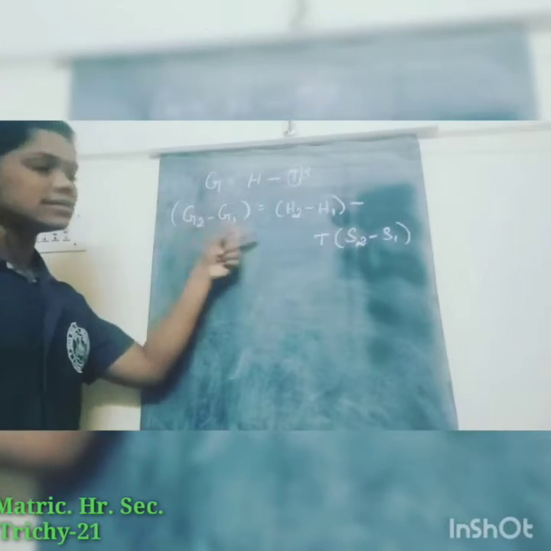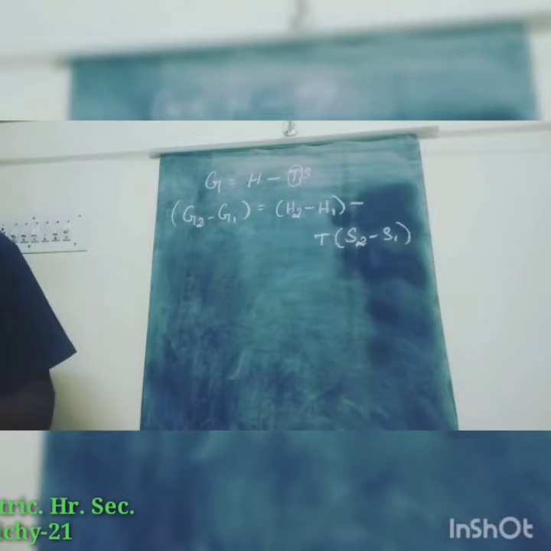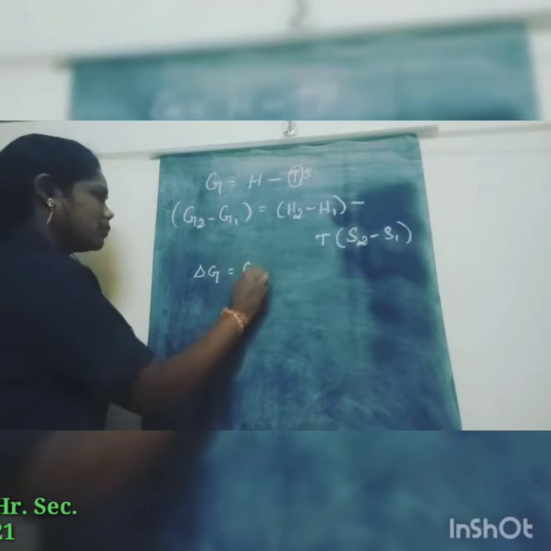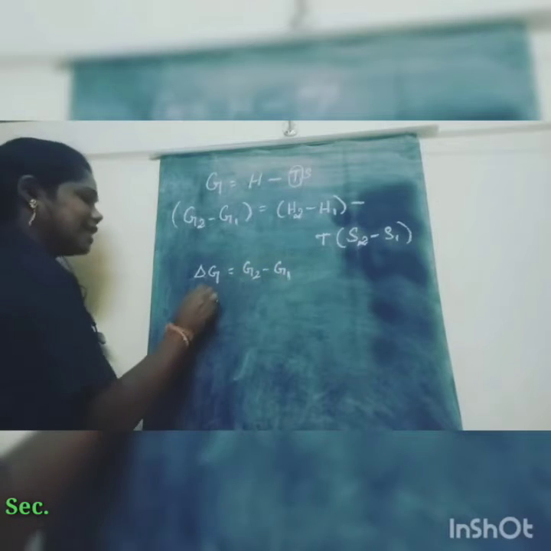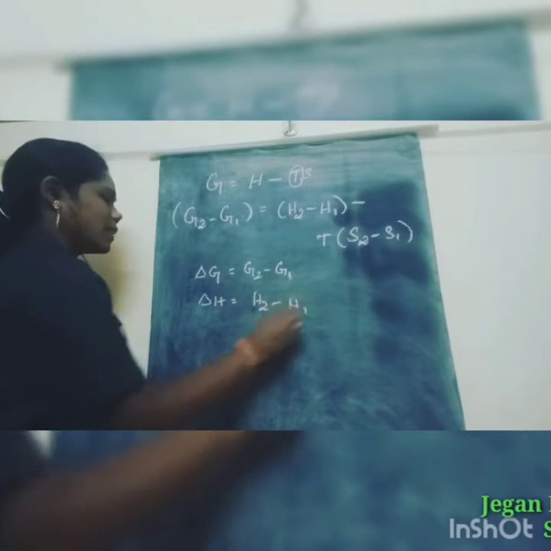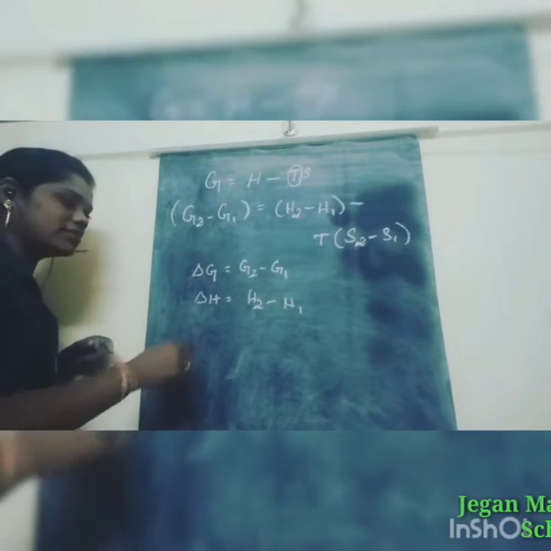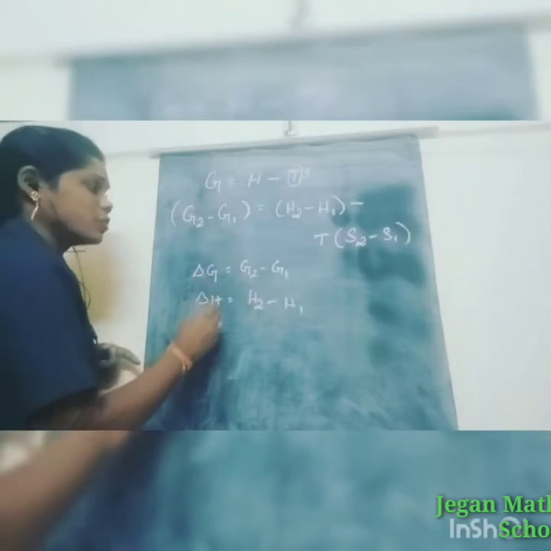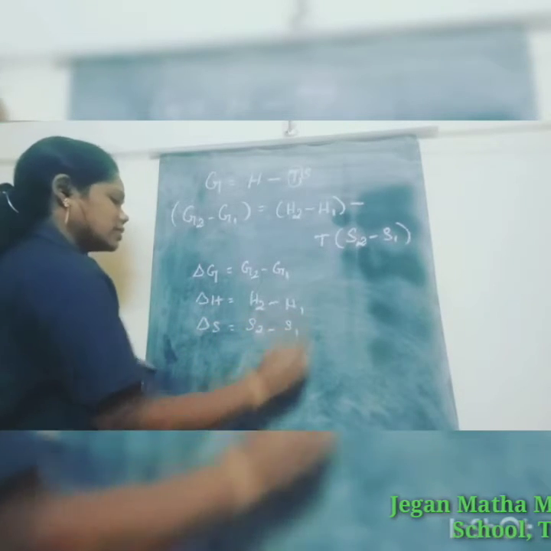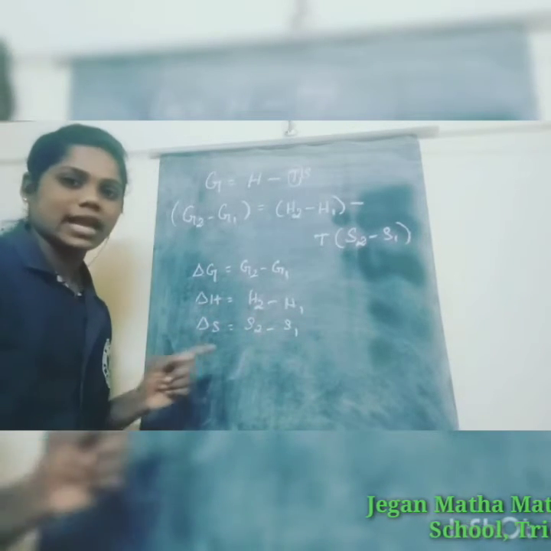So here this equation becomes del G. Del G means G2 minus G1. Del H means H2 minus H1. That is the change in Gibbs free energy, change in enthalpy, and del S means S2 minus S1, the change in entropy.